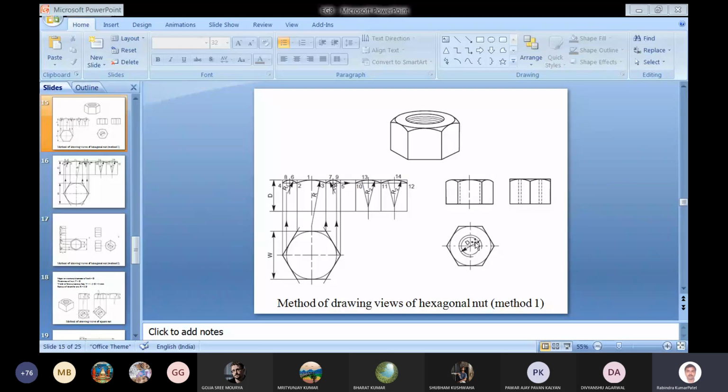This is the thickness, and the thickness of the nut and bolt we can consider as T equal to D.